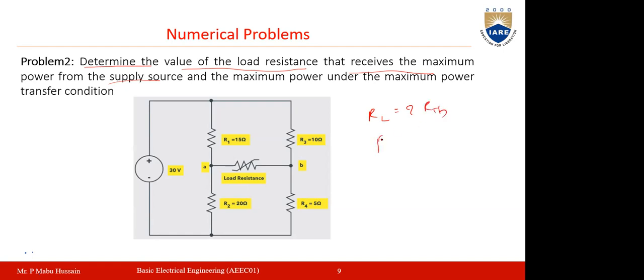And they also ask to find out the P max value, the maximum power under the maximum power transfer condition. So P max will be equal to VThevenin squared by 4 into RThevenin. Again the same procedure you have to follow, and the load resistance here is this one.